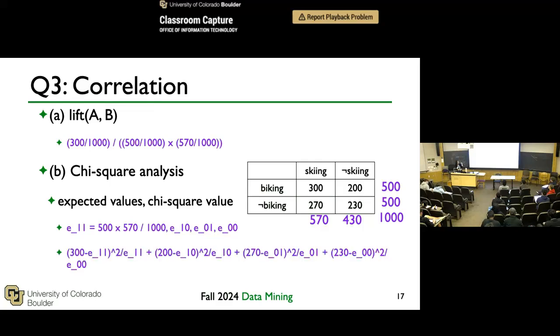Once you have that, you need to fill this in, because the chi-square calculation is the sum of the squared difference between the observed value and the expected value. It's okay if you write it like this, because once you have this defined, you can write it this way. But you need to write out the other aspects too: the observed value is 300, minus the expected value, raised to the power of 2, divided by the expected value, and write all this out.